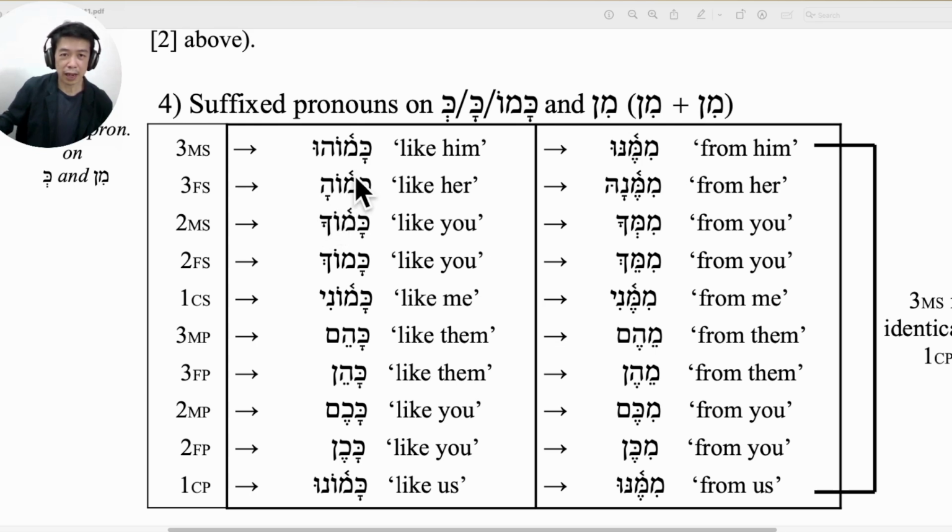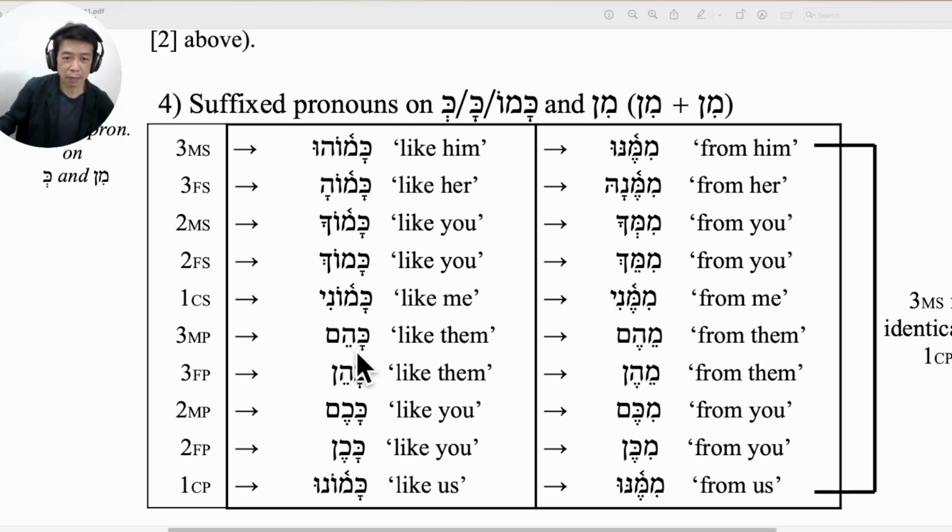So for instance, like him would become kamohu. Like her would become kamoha. Like you will become kamoka. Like you, feminine, will become kamok. Like me will become kamoni.